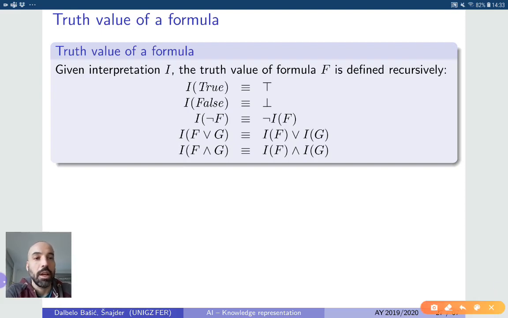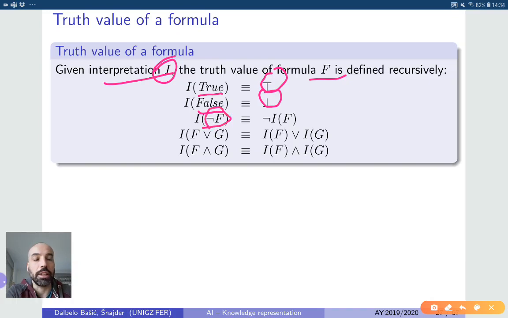The way we do this, well, recursively, given an interpretation I and the formula F, which needs to be well-formed, we extend now the domain of the I interpretation function to also be defined for formulas, not only atoms. And essentially we say, if the formula is just a true constant, it should be evaluated as a true formula. If it's false, it should be evaluated as false.